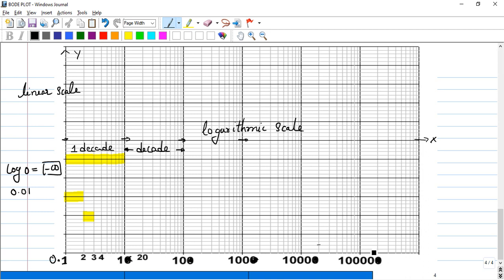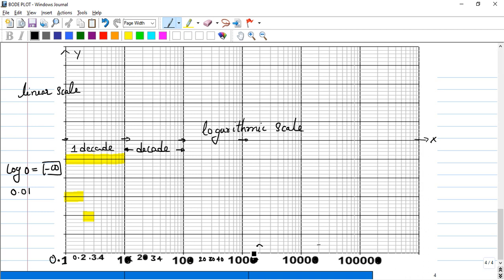In our graph we usually represent our values starting with 0.1 followed by 1, and this value will be 0.2, 0.3, 0.4, and this is 1, and this will be 2, 3, 4, 10, and this will be 20, 30, 40, 100, and this particular value, can anyone tell me what will be the value of this one?